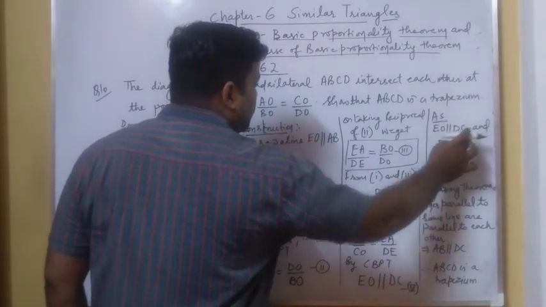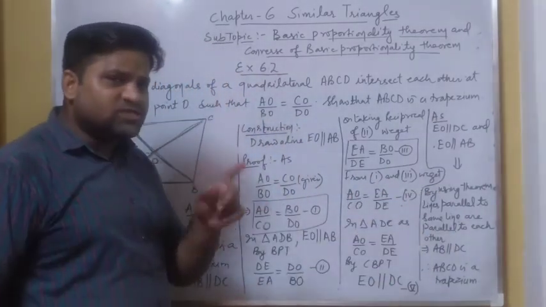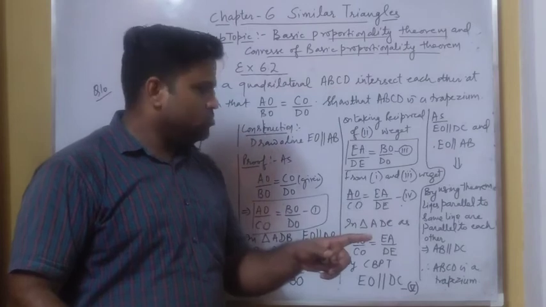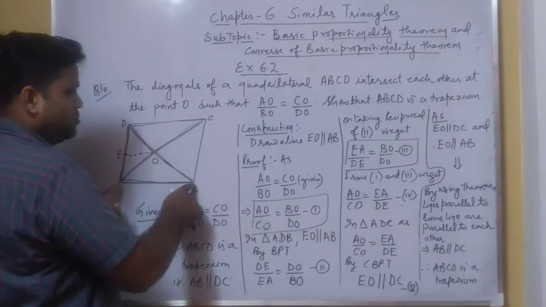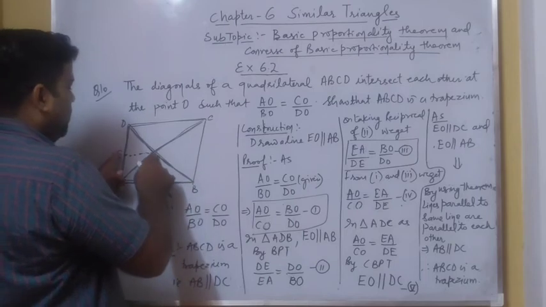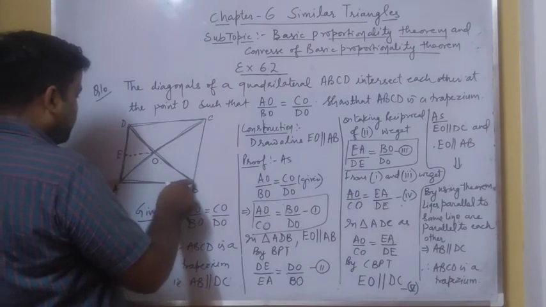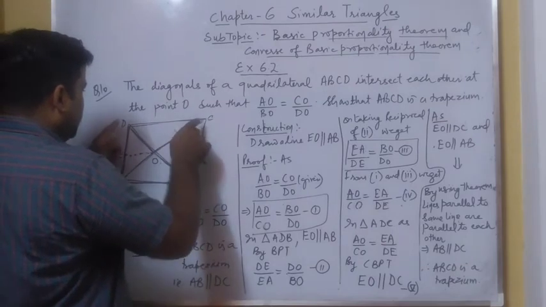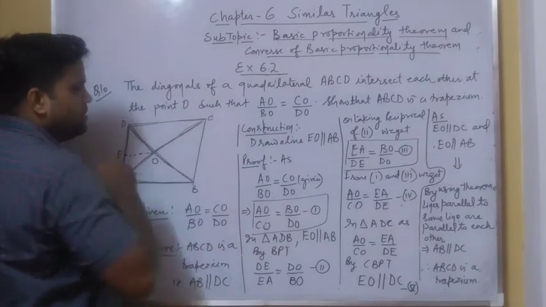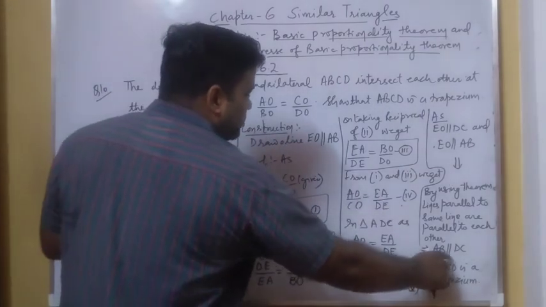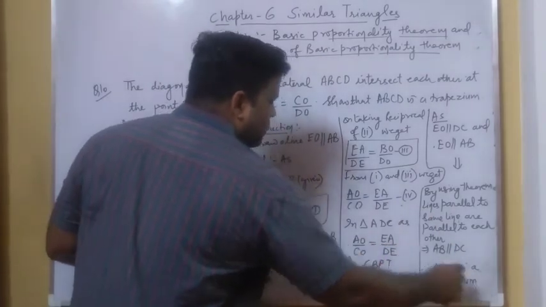By using the theorem that lines parallel to the same line are parallel to each other, as EO is parallel to AB and EO is parallel to DC, it means AB is parallel to EO, and similarly DC is parallel to EO. So AB is parallel to DC by this theorem, and for this we have proved that ABCD is a trapezium.